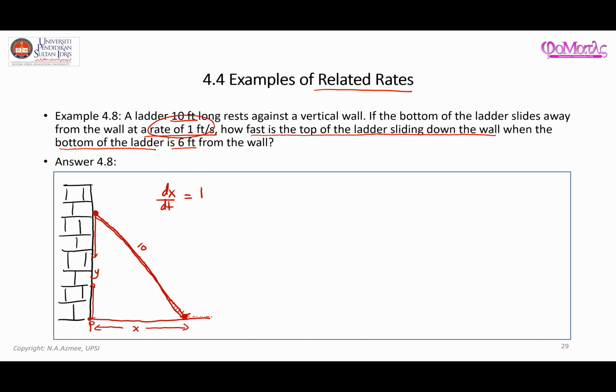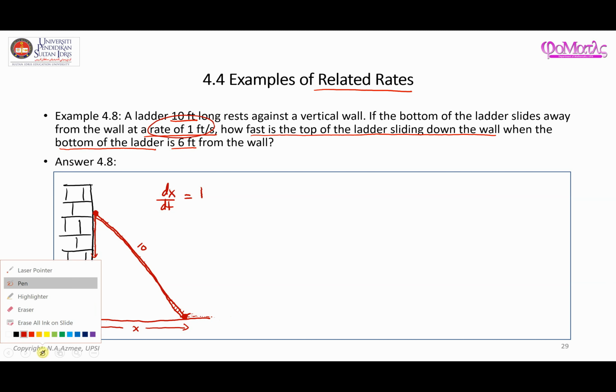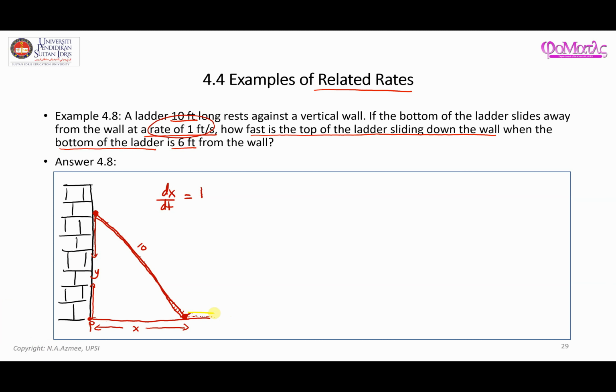Now the question is asking, how fast is the top of the ladder sliding down? That means this top here is going down. Because the bottom is sliding away in this direction, the top of the ladder will be sliding down in this direction.